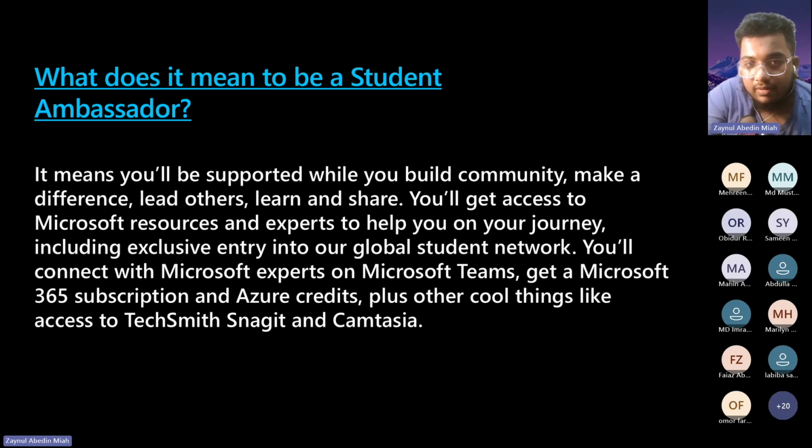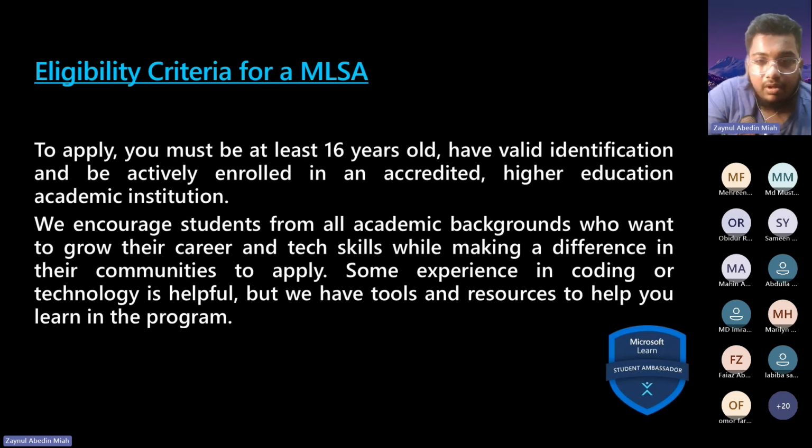Now let's go to eligibility. In order to apply for the Microsoft Learn Student Ambassador program, you have to be at least 16 years old. Without being 16 years old, they won't allow you to apply. So Jarif has a question.